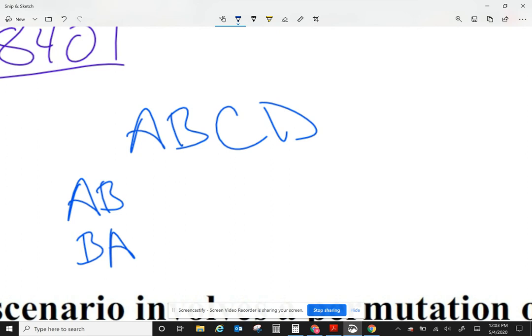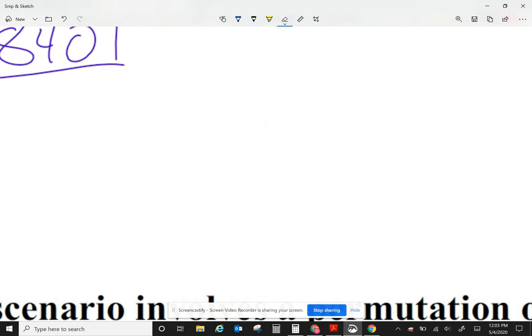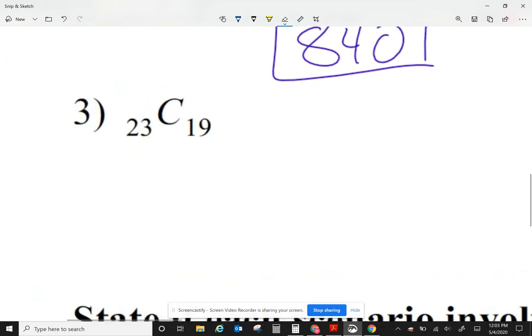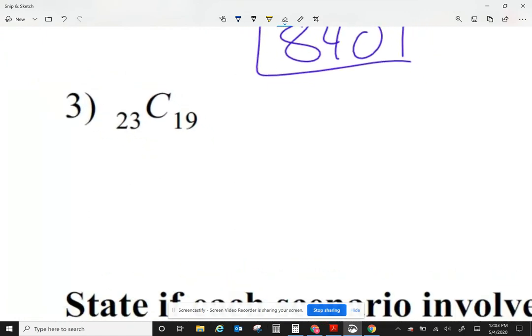So the way we're going to do this, let me explain with an example. "23 choose 19." Well, 23 combination 19. That means if you had 23 items, or let's talk about sports: let's say there are 23 people, and you need to choose 19 people.